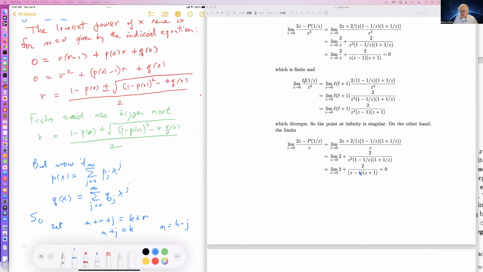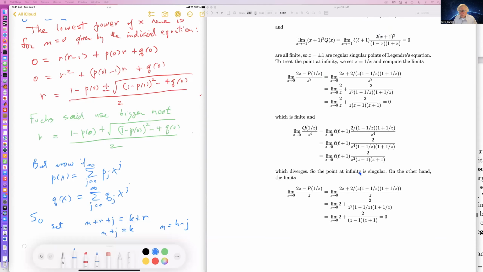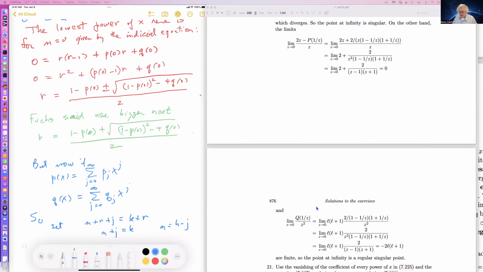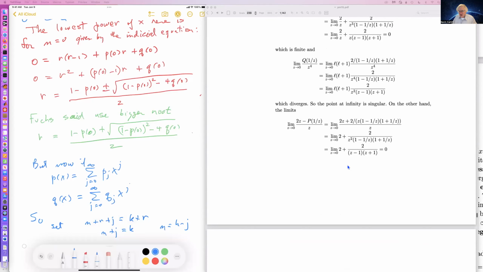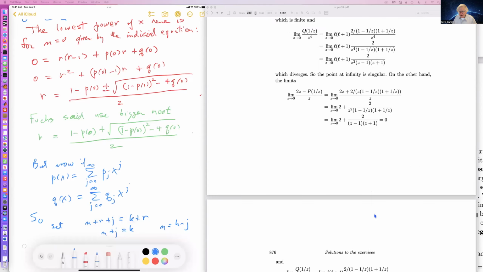On the other hand, to see whether it's regularly singular or essentially singular, you do these two things with z instead of z squared, and with z squared instead of z to the 4th. Then there's no problem here, you get 0 again.